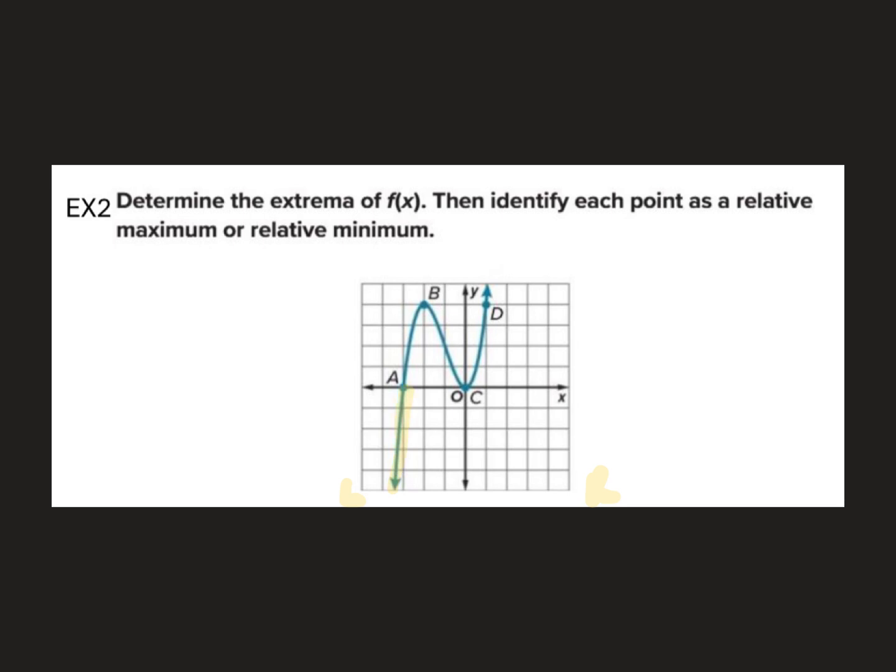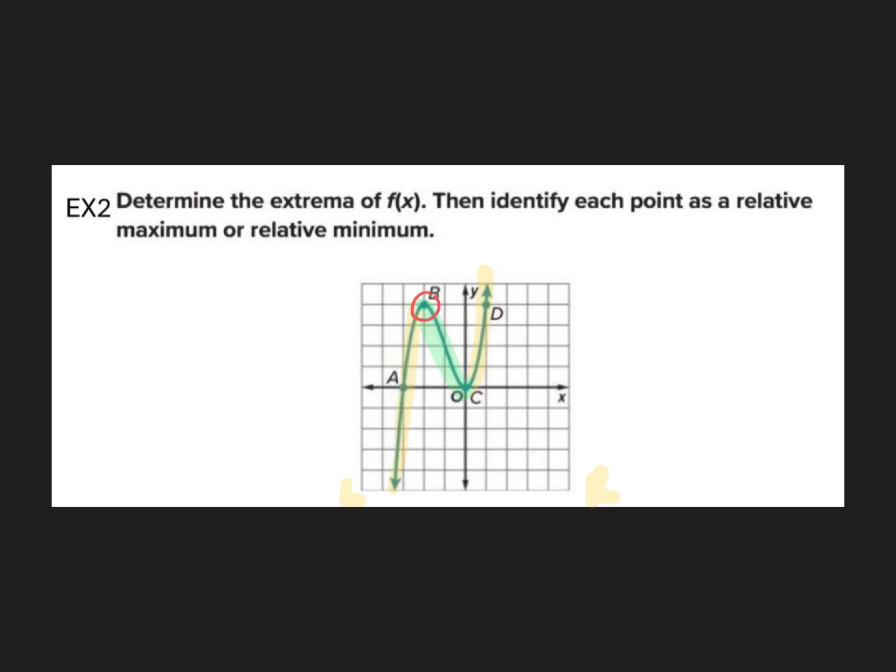It is increasing because it's going up, then it starts decreasing because it's going down, then it's increasing again. So increasing is yellow, decreasing is green, increasing is yellow. That's what we mean by increasing and decreasing. Where it changes from increasing to decreasing or decreasing to increasing is where your relative maximum or relative minimum values occur.